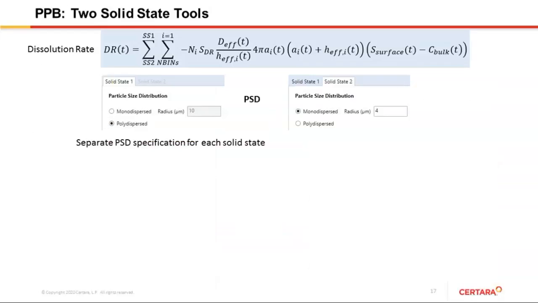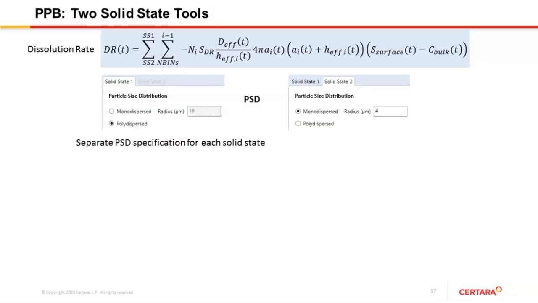In terms of the two solid-state tools, this slide briefly summarizes what is available. The dissolution rate now for fine particle dissolution is where you have two solid states coexisting, let's say two polymorphs.